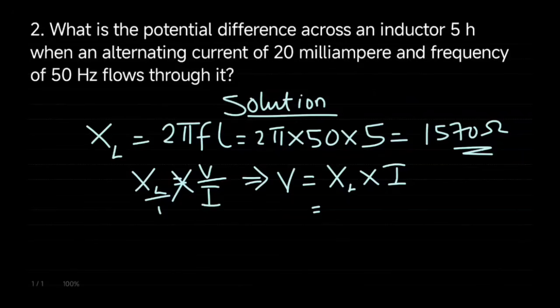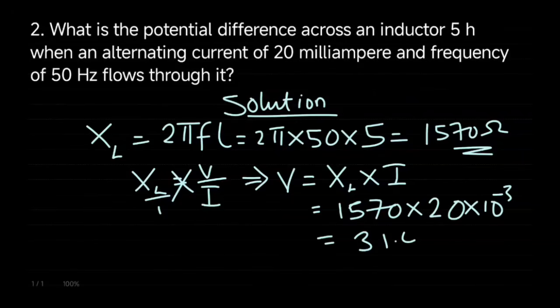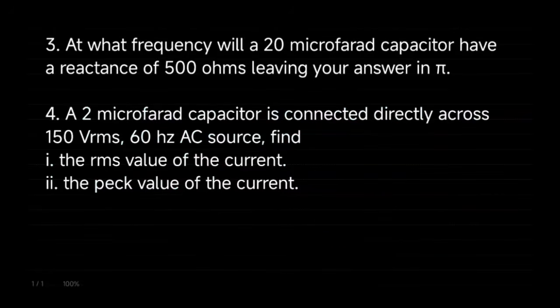What is my XL given as? 1570 times my current is given as 20 times 10 raised to the power of minus 3 ampere. So if I multiply this, what will be my final answer? My final answer will be given as 1.4 volts.